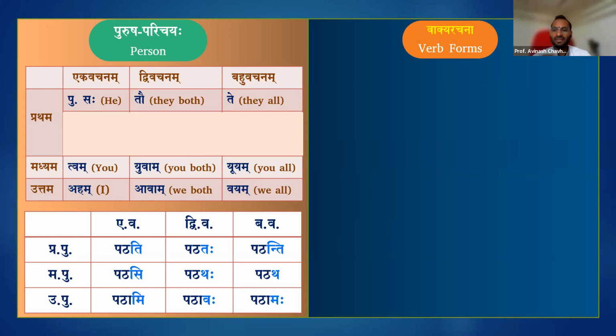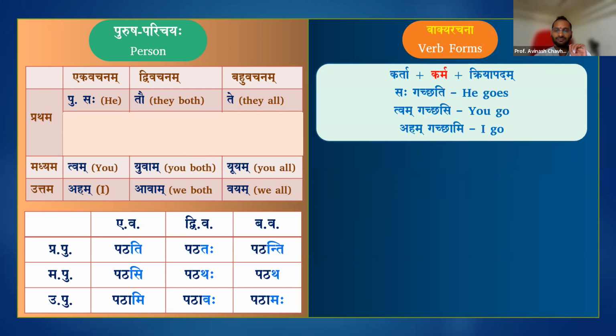Okay? So whenever we use saha, saha is karta. It is a subject. And with that, if you are using pathati, that pathati is kriyapada. So right now we are going to use karta and kriyapada. We will skip the karma part right now; later we will use it.